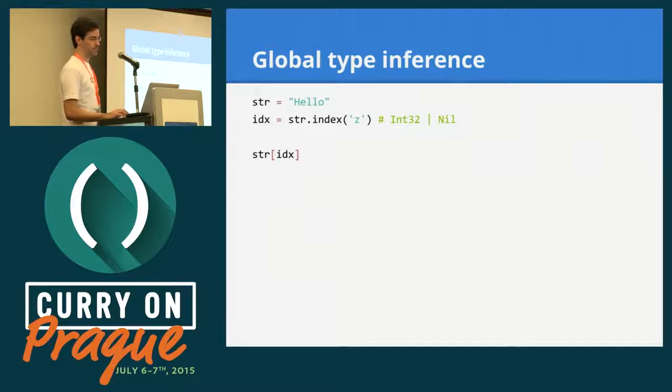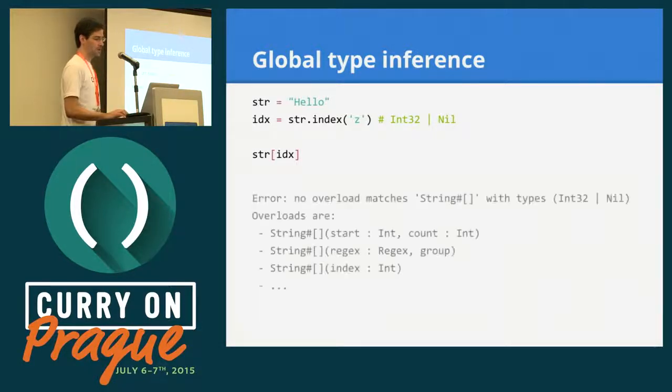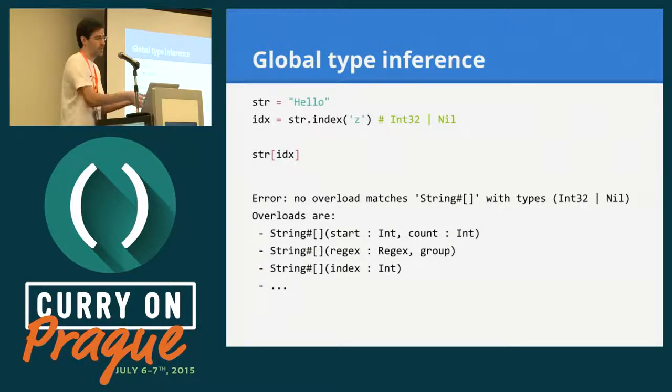Now, usually in a dynamic language where all things happen in runtime, if we try to index this string with nil, and the character was not there, we will get a runtime error saying, no, you can't index a string with nil. In this case, the compiler will complain, so you won't be able to actually create a program out of this because there's no overload for this string accessor accessing a position with nil. So the compiler prevented us from making a mistake.